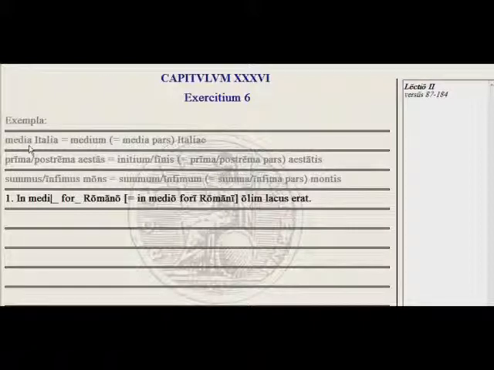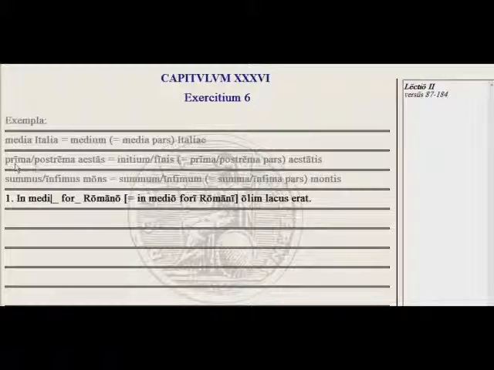Maybe think of Tolkien's description of Middle Earth, Middle Italy, but we wouldn't say it that way. We would say it more like medium Italiae, the middle of Italy, or media pars Italiae, the middle part of Italy. So when you see media Italia, that's how you should translate it, the middle of Italy.